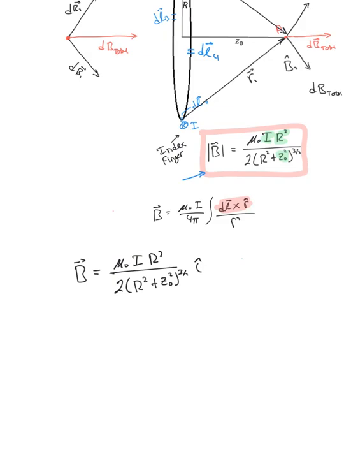So now I'll call this distance here from my second point to the center of the loop, I'll call that L. Then the second one, I'll call this point point A. So this is the magnetic field at point P, which was to the right, call that point A. So this would be mu naught I times r squared divided by 2 times r squared plus L squared to the 3/2, and it still points in the i hat direction because the magnetic field along that line all points to the right.